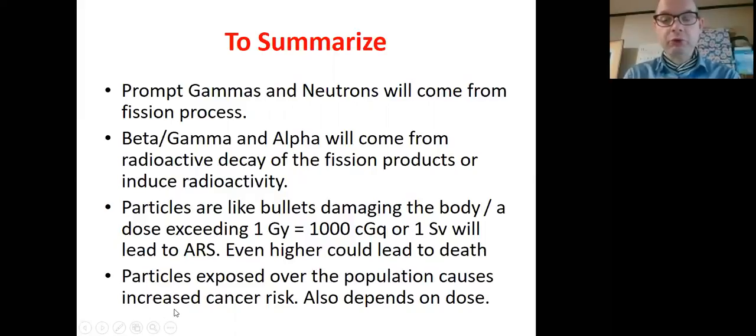And the particles exposed to the population cause the increased cancer risk, but this also depends on dose. And as I said, this linear no threshold model is a way of trying to associate the risk with low dose radiation. It is something that's actually quite controversial, but is generally used by all regulators.